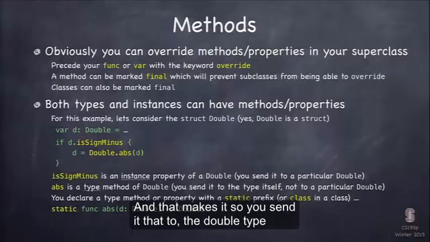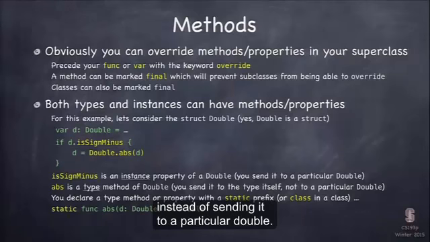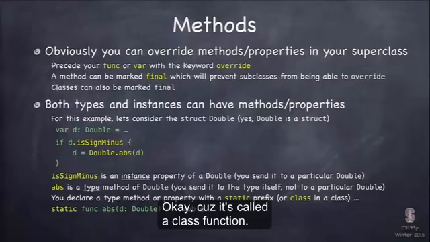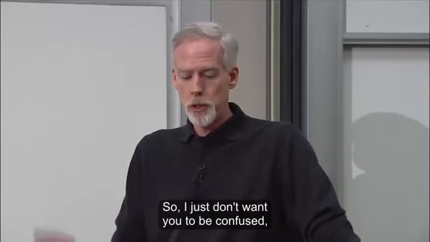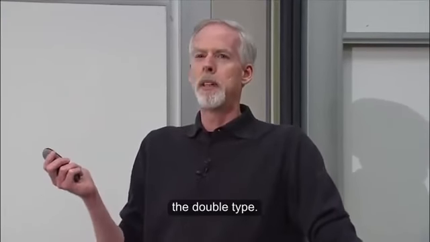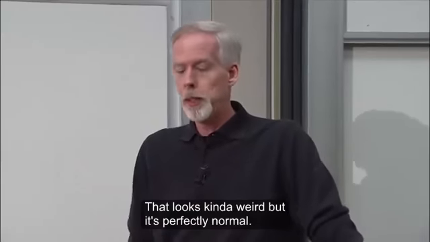And that makes it so that you send it to the Double type instead of sending it to a particular double. In a class, you use the word class, not static, because it's called a class function. Okay? So I just don't want you to be confused when you start seeing methods like abs that are sent to the Double type. That looks kind of weird, but it's perfectly normal.